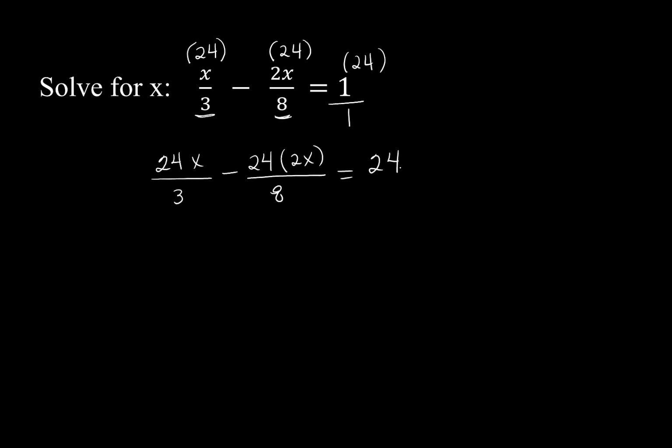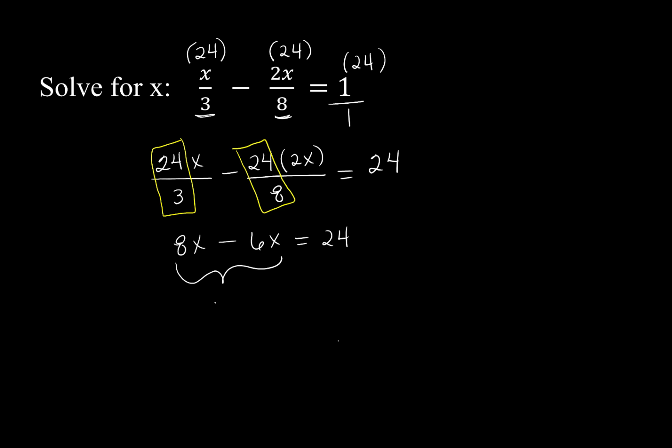Okay, so we still have fractions, but before we start solving for x, I want you to notice that we have some terms that can simplify here. 24 divided by 3 is 8x, and then 24 divided by 8 is 3, but there was already a 2x, so this is going to be 6x equals 24.